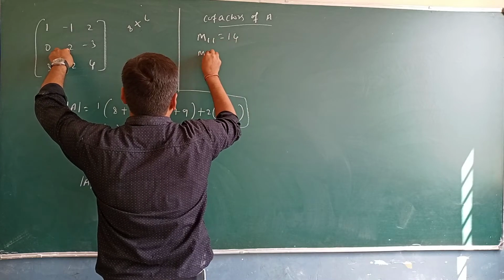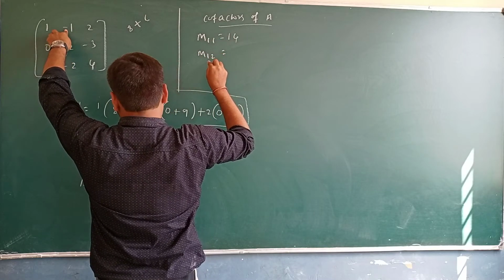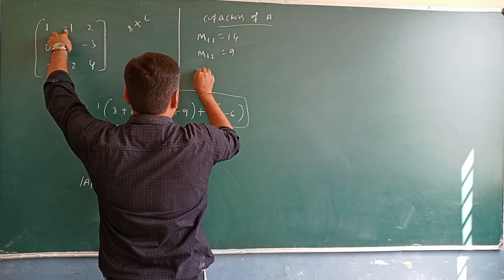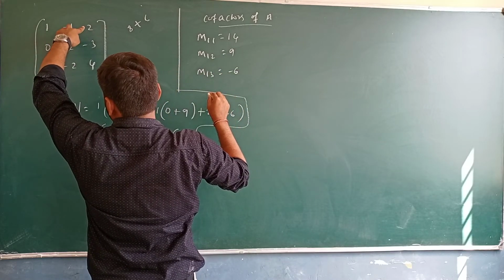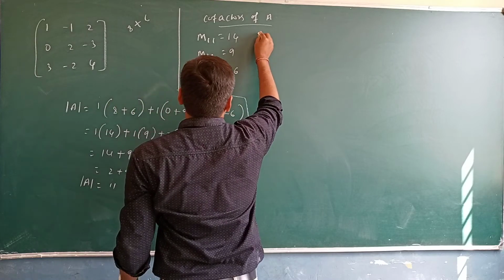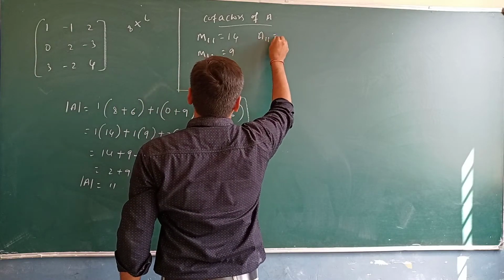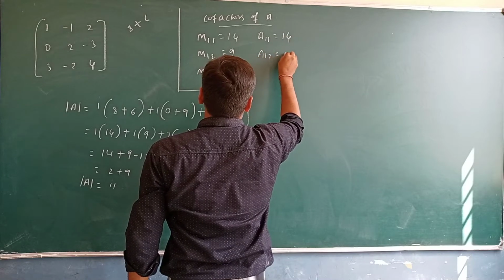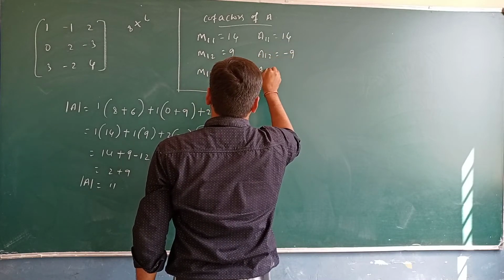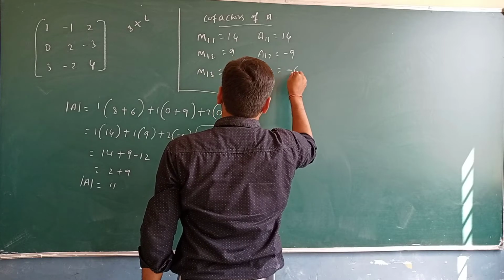Then M12 is going to be 9. Then M13 is going to be minus 6. Then the corresponding cofactor A11 is equal to 14, A12 is equal to minus 9, and A13 is going to be minus 6.